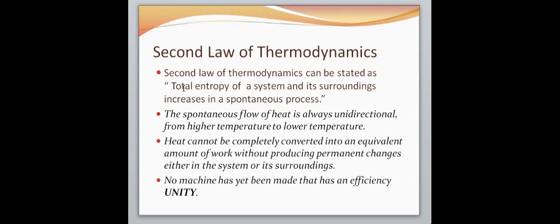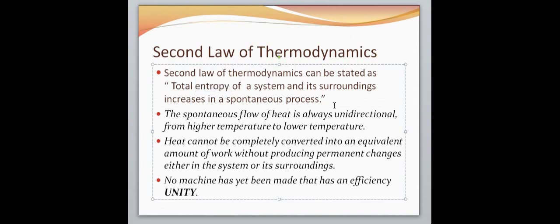Now that's the statement. In this statement, you'll find a new word, entropy. So what does this mean? Entropy means randomness or disorderliness. There are some more statements of the second law of thermodynamics which we'll do gradually, but since I picked up the first statement, I'll explain that to you.